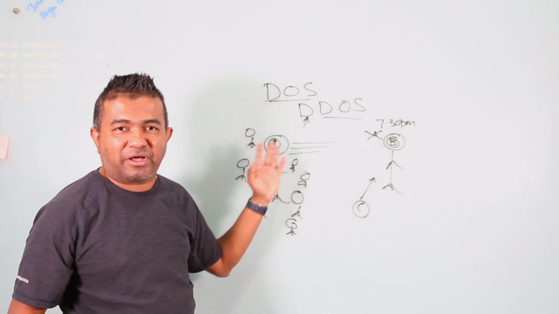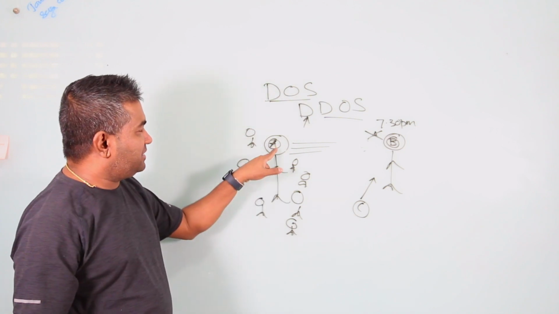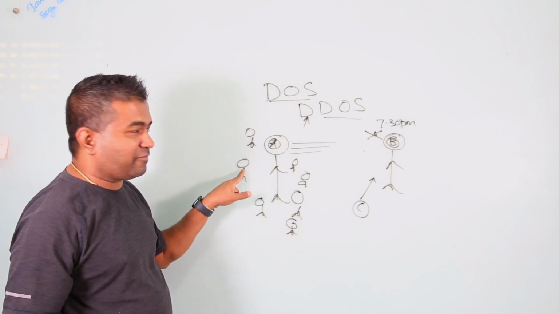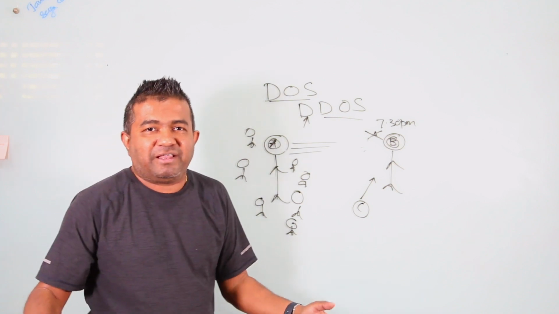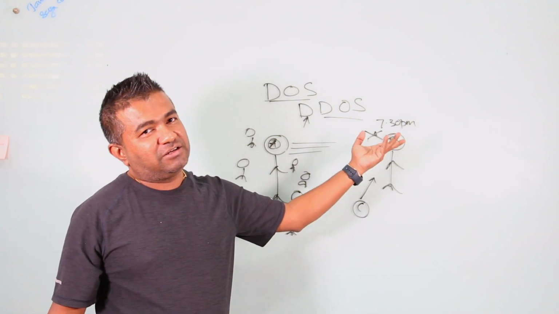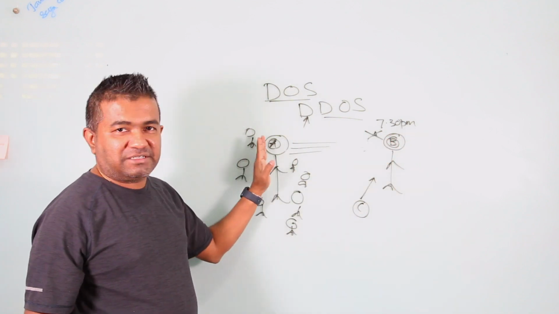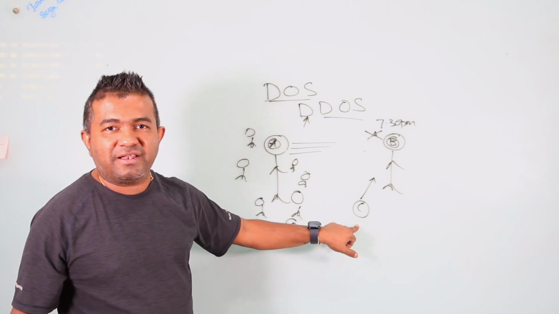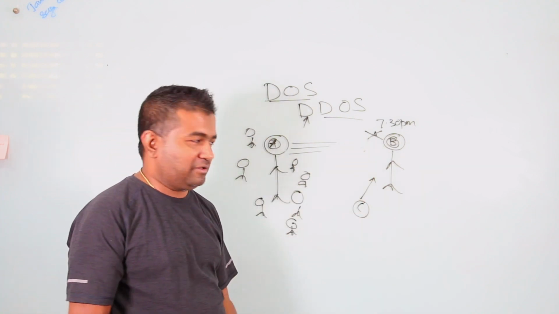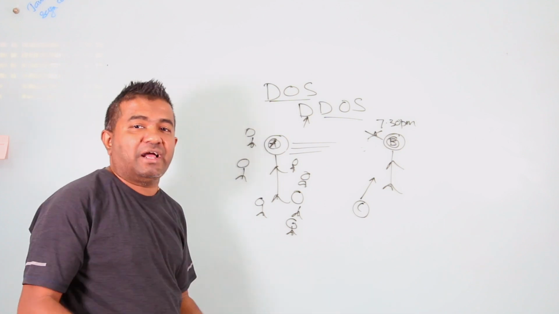Because they don't know where they are coming from. You can disable this one and it comes from another, you disable that, it comes from another. The only solution is to turn off the phone. Then A's objective has succeeded because no one can reach B, right?